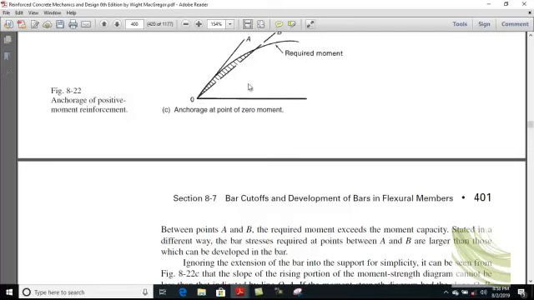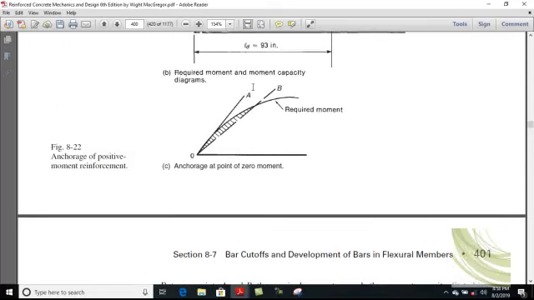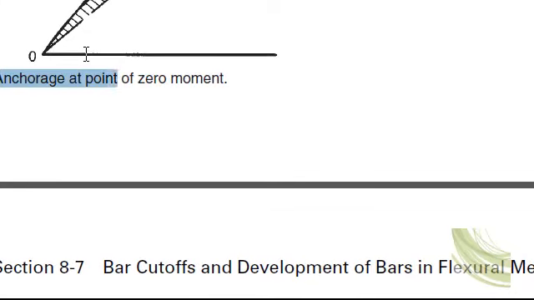I already mentioned to you that your horizontal distance a must be greater than or equal to ld. If you want the moment strength, which is Mn at this point A, this horizontal distance must be equal to or greater than the development length.